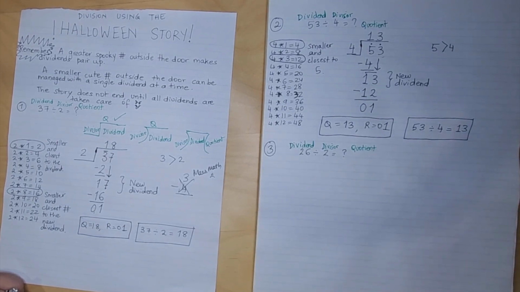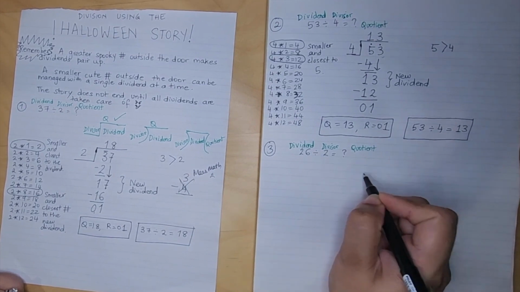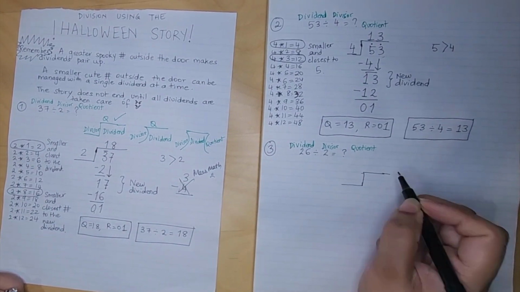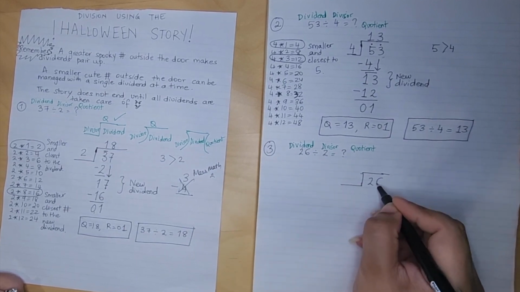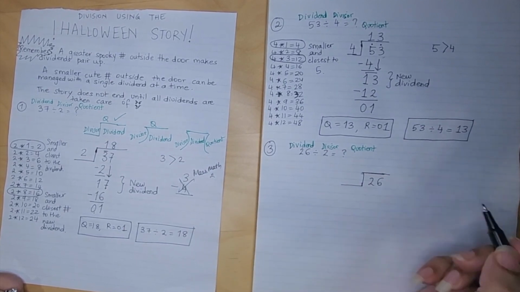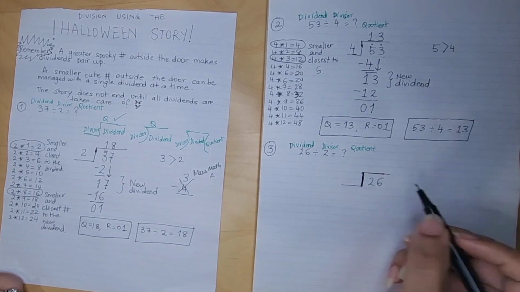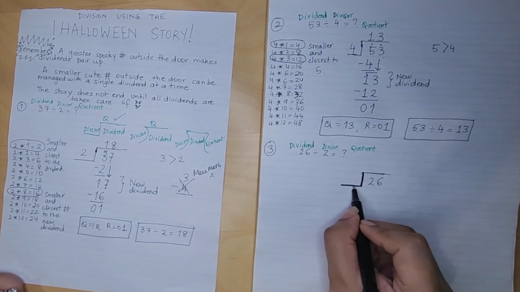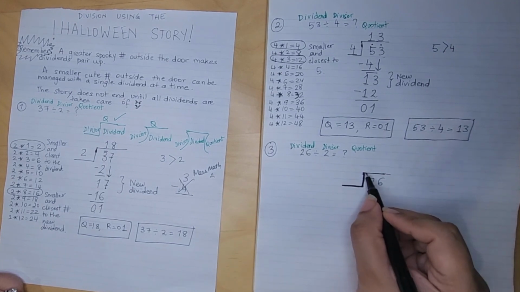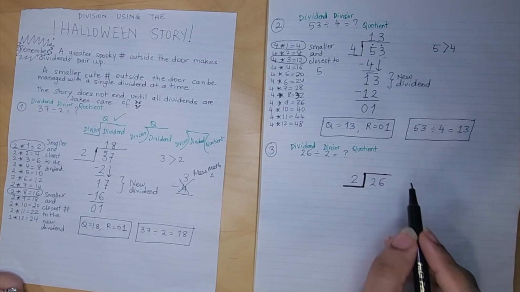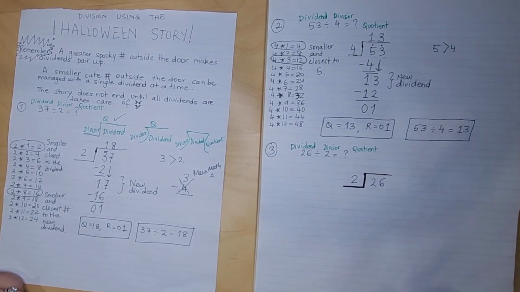Correct. Now we put it in the division house. The dividend, the lazy one, goes here on the couch. The divisor, sorry, I'm being a little more particular about this. The divisor is 2, which goes here, and we have to find the quotient.